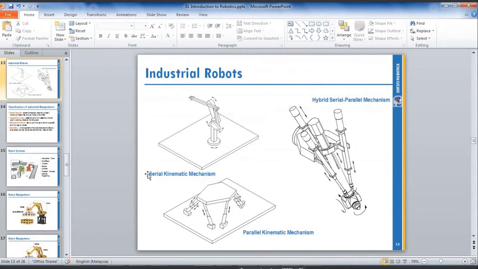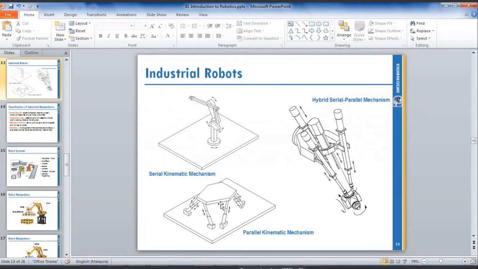So in our robotics, we are focused on the serial kinematic mechanism. This one. If you understand this, then you can further study on this, because this is a combination of serial. So one leg of this table is similar to one serial kinematic mechanism.